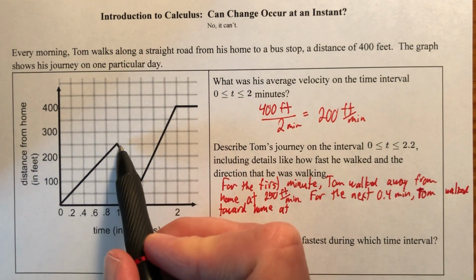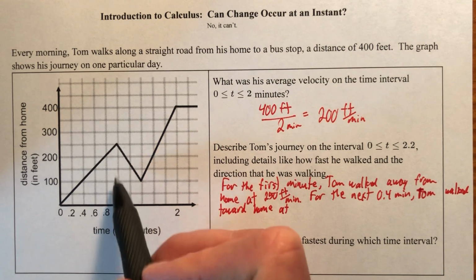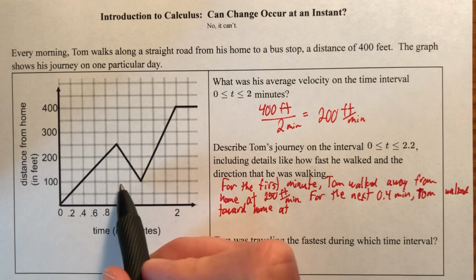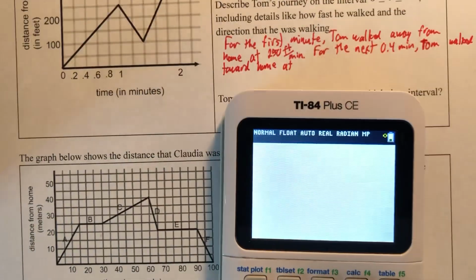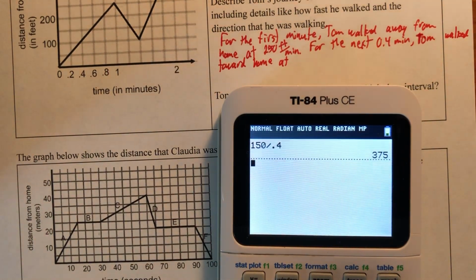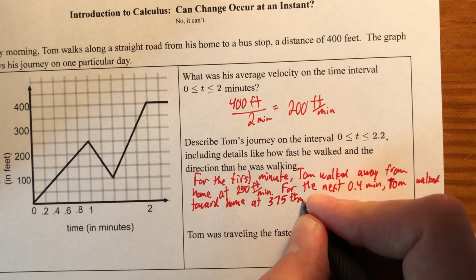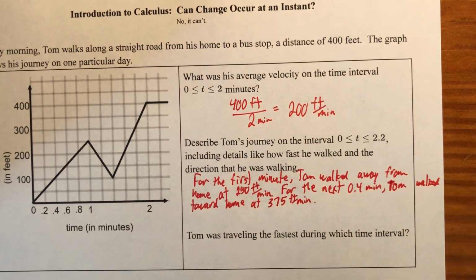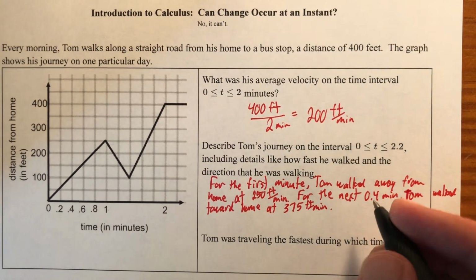He went 150 feet in 0.4 minutes. So 150 feet in 0.4 minutes is 375 feet per minute. All right, he heads back towards work or towards the bus stop.